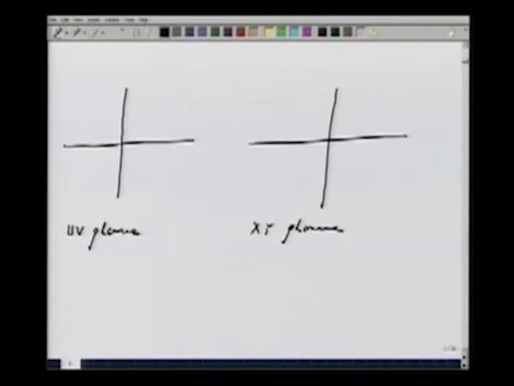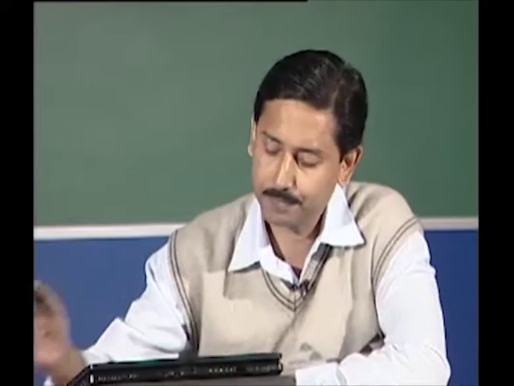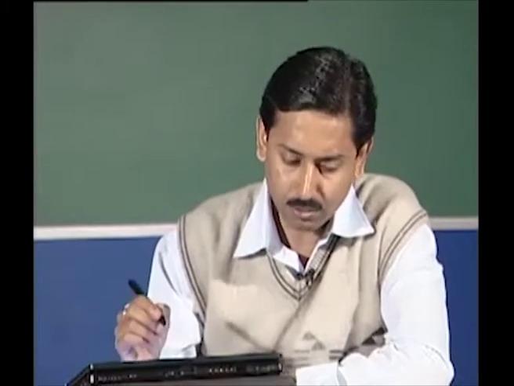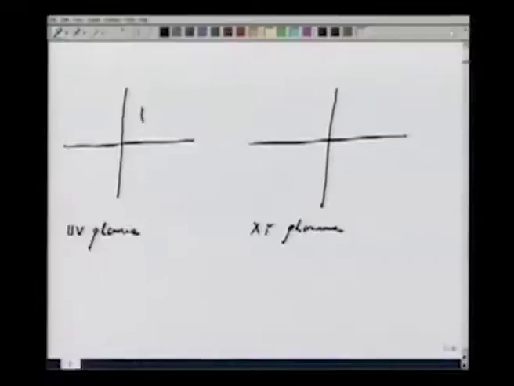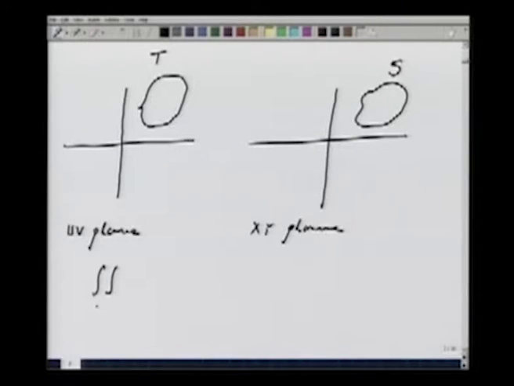So this uv plane is just a replica of the xy plane. Now suppose on the uv plane I have a domain T, and on the xy plane let us say I have a domain S, and I am interested in this double integral, integral over S f(x,y) dx dy.